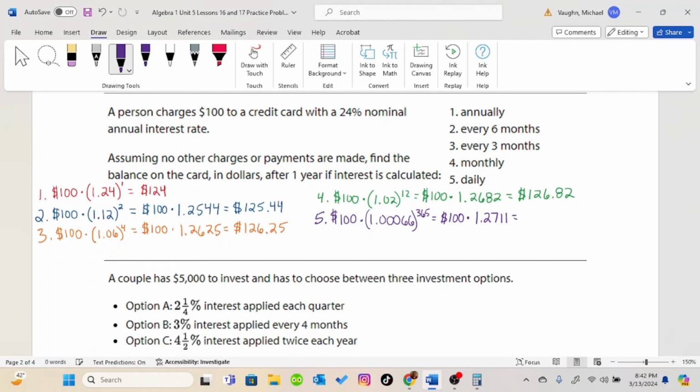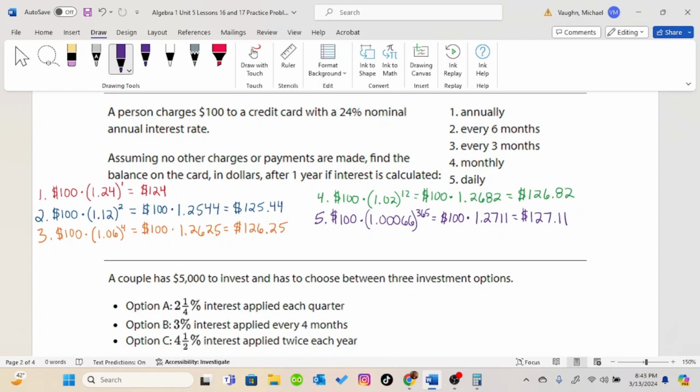And now when we multiply that by $100, we get $127.11.